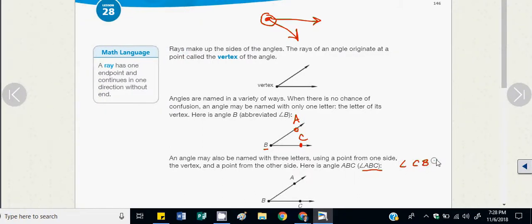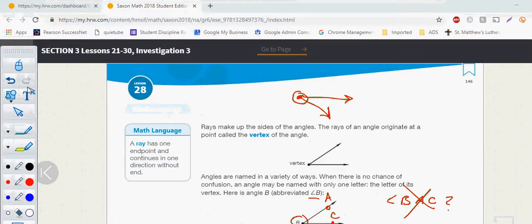But why do you think I can call it angle ABC, angle CBA, angle B, but I couldn't call it angle BAC? Why would that be a no-go? Why do you think? Because the vertex needs to appear in the middle every time, so there's no confusion when naming an angle.